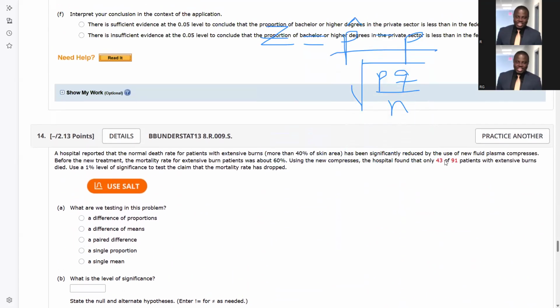The P hat is going to be that 43 of 91. So 43 over 91. So put that in the calculator.